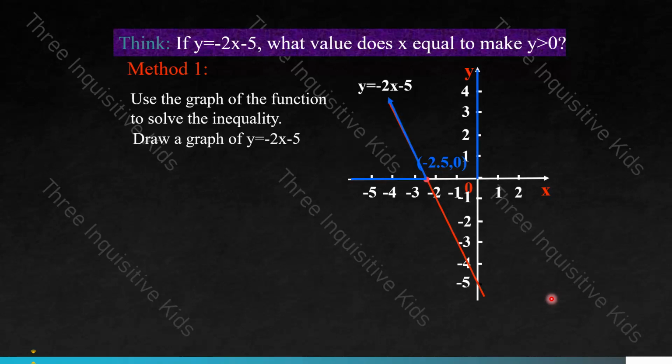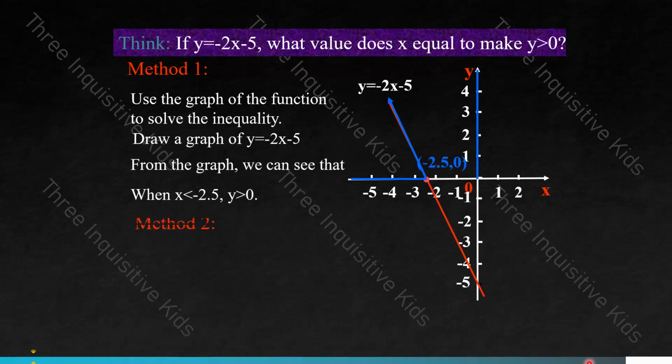And now answering the question, what value does x equal to make y greater than 0? Well, all of the points where y is greater than 0 shown on this function right here is everything from this dot and onwards. From the graph, we can see that when x is less than negative 2.5, y is greater than 0. So that's one way to do it.